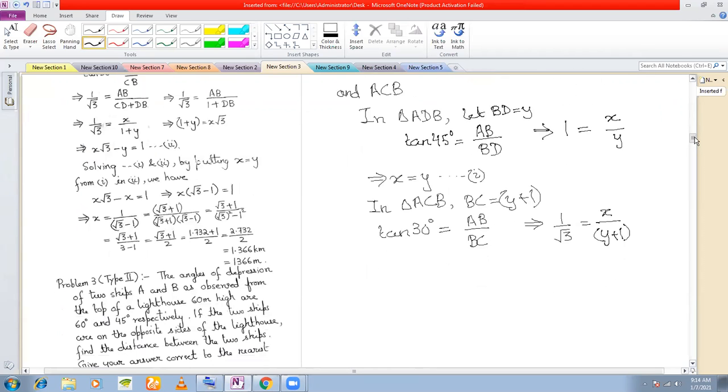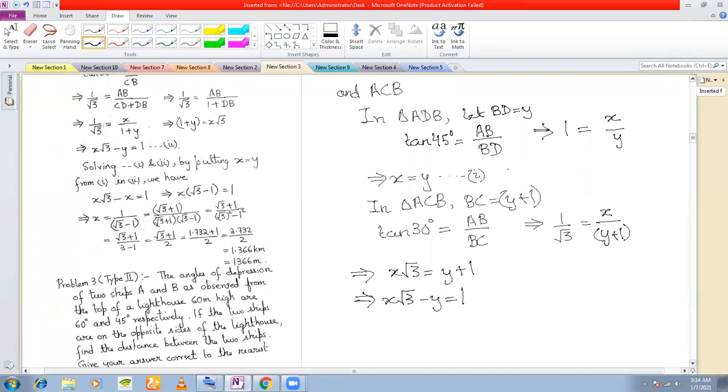That means you have x root 3 is equal to y plus 1. That means x root 3 minus y must be equal to 1.